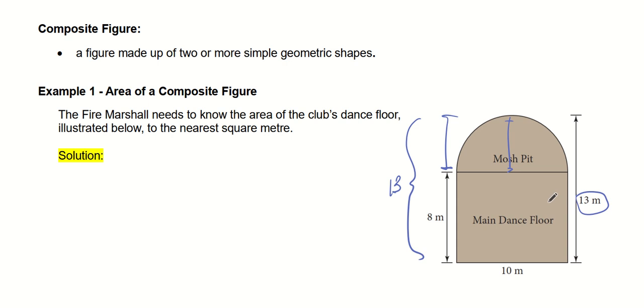So 13 minus 8, let's pop that in a calculator. 13 minus 8 gives us 5. Let me just double check that. 13 minus 8, so that's 5. So this here is actually 5 meters.